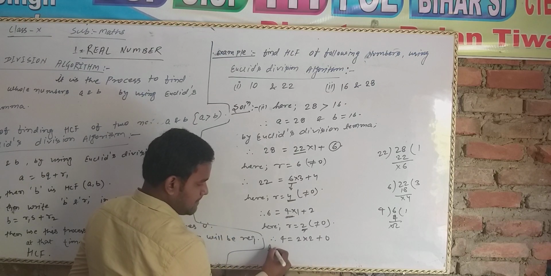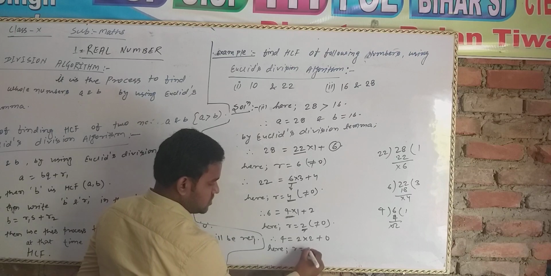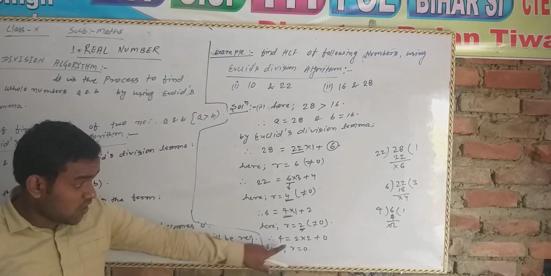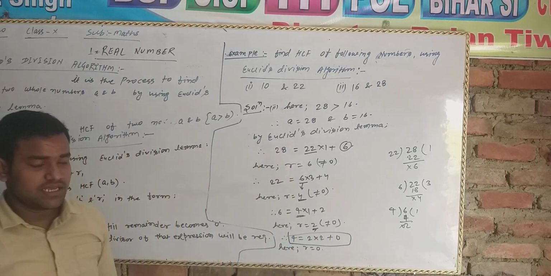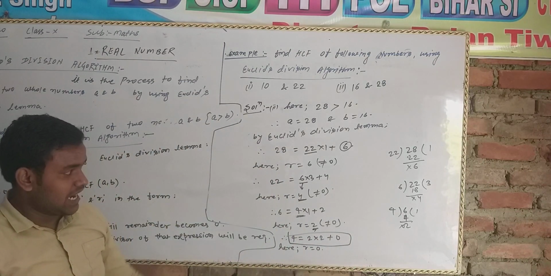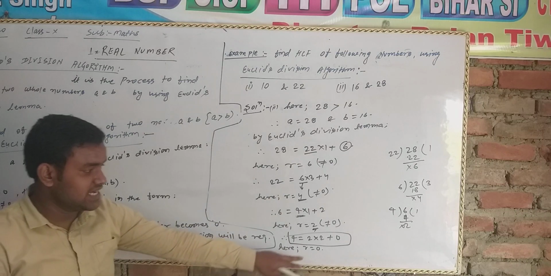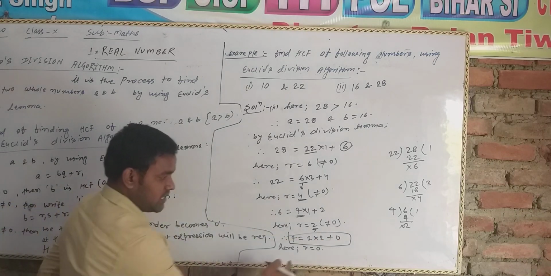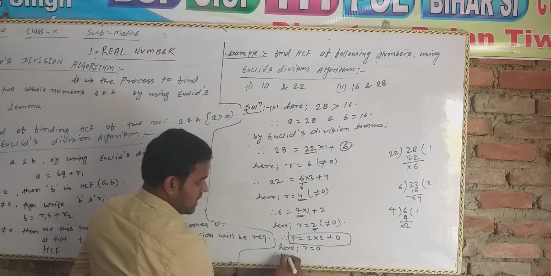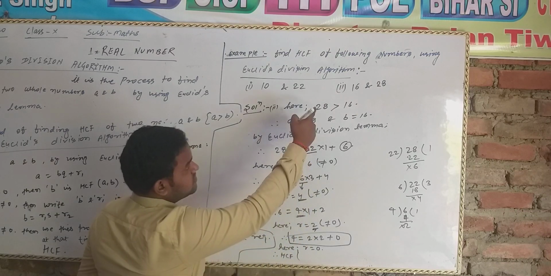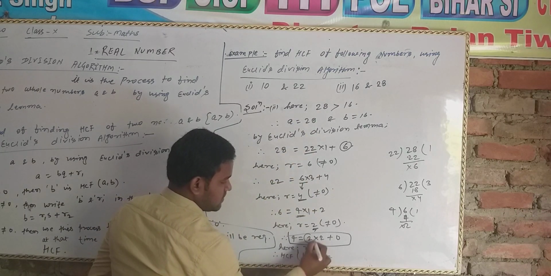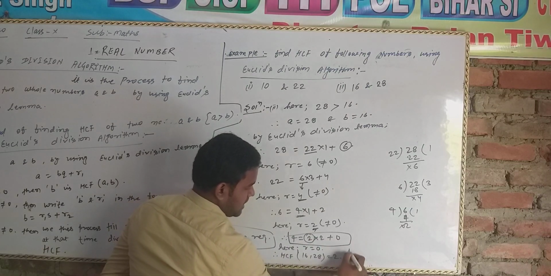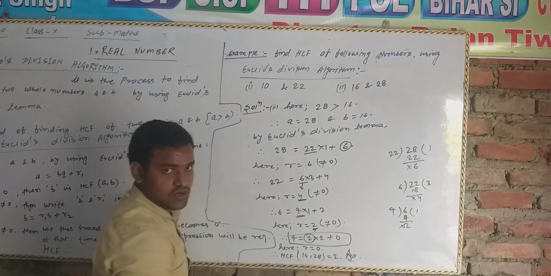Therefore here r is equal to 0, so the divisor of this expression will be the required HCF. We have to do this process until we get remainder 0. Okay, here r is equal to 0, therefore HCF of 16 and 28 will be 4.